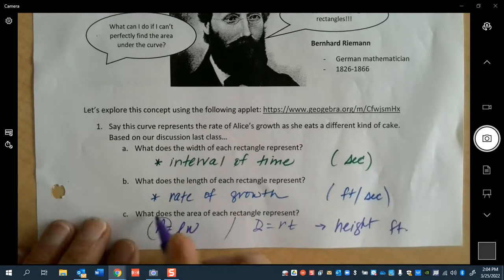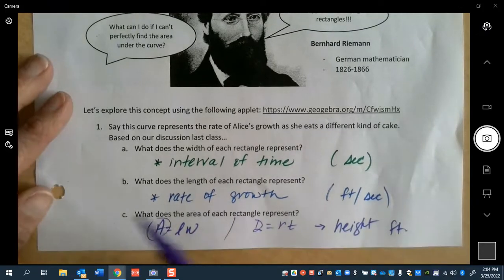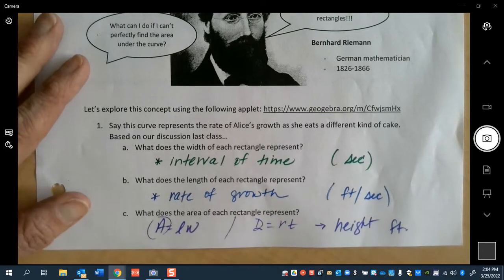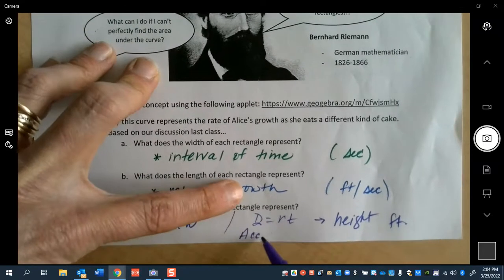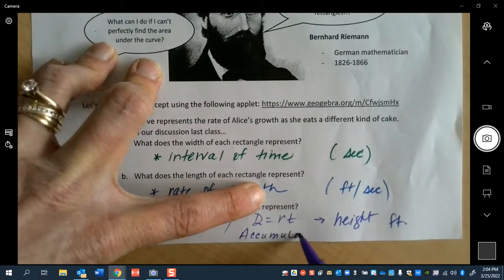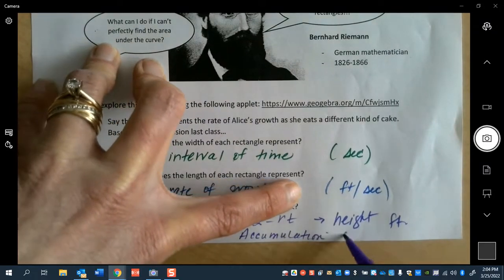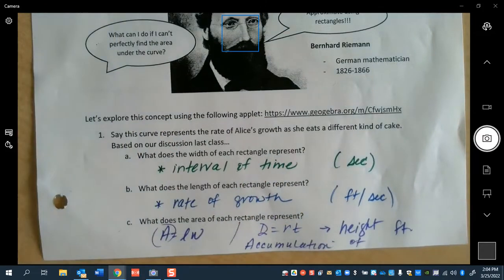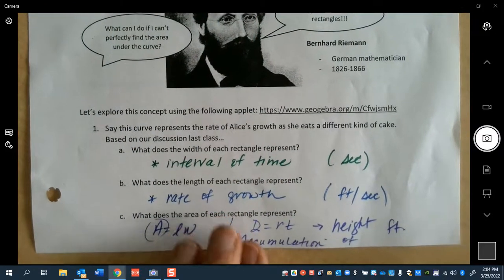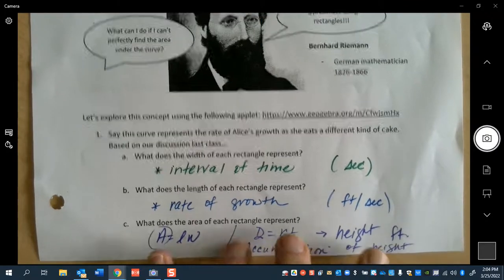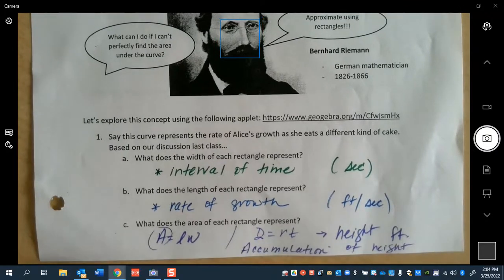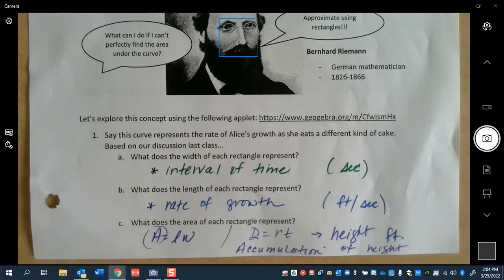That area is going to represent, and don't forget, we're going to talk about her accumulation of how much she has grown, her accumulation of her height. So if you want to go back and think about the hot dogs, how many total hot dogs? The accumulation of hot dogs, the accumulation of people, depending on whatever that rate was.